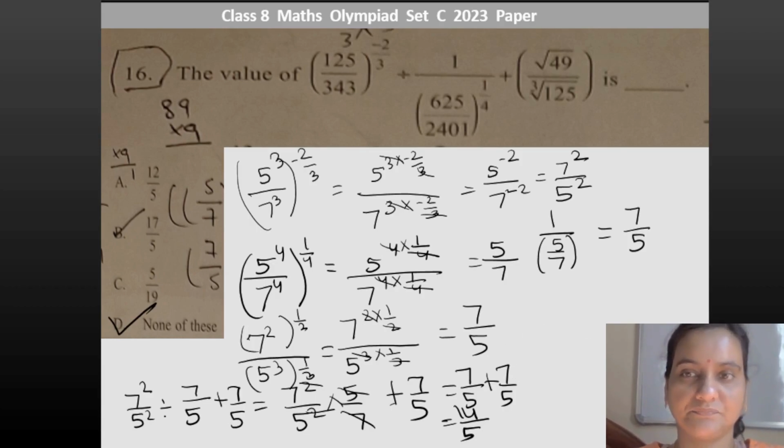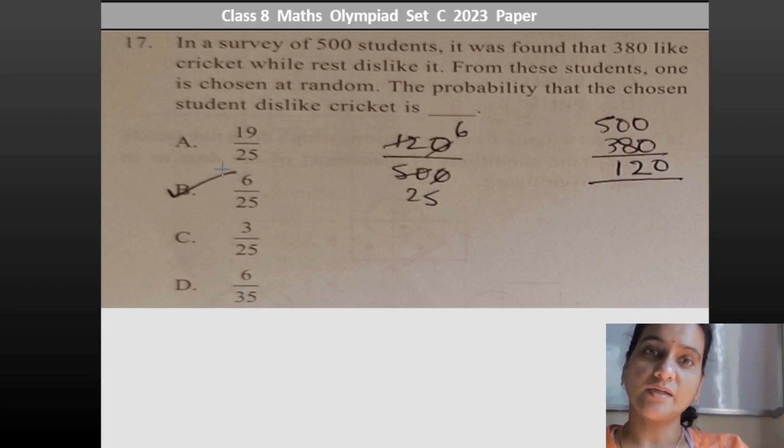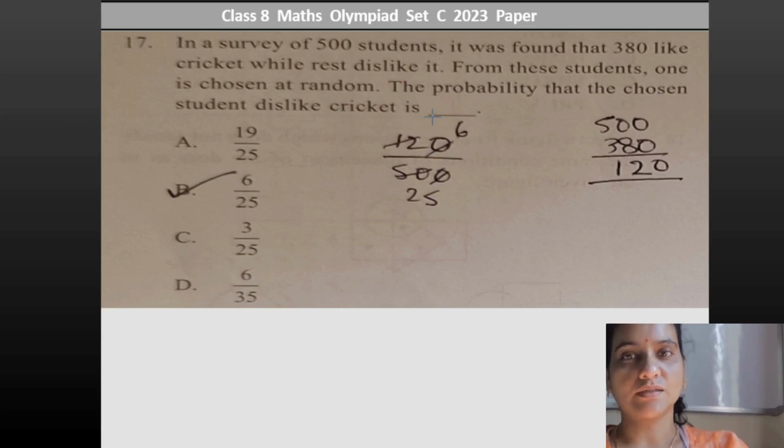Number 16. So let's do this simple question from probability. This question says in a survey of 500 students, it was found that 380 liked cricket while the rest dislike it. From these students, one is chosen at random. The probability that the chosen student dislikes cricket is what? So our sample space consists of students who do not like cricket.